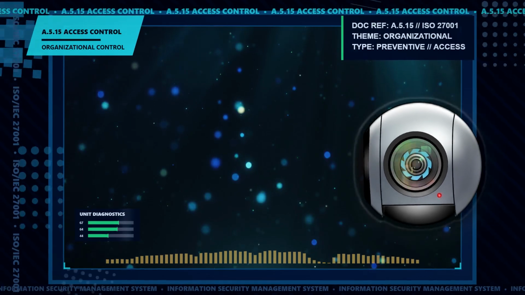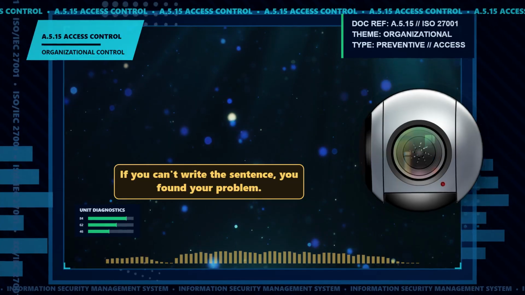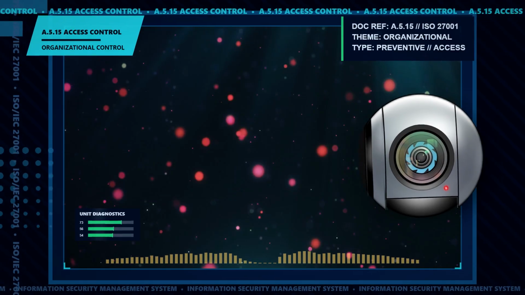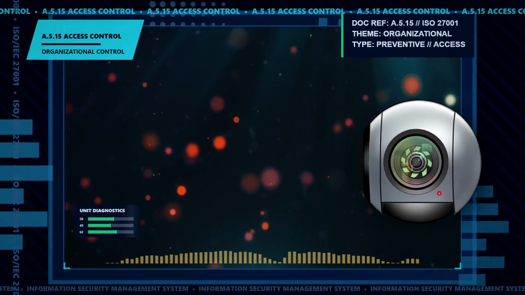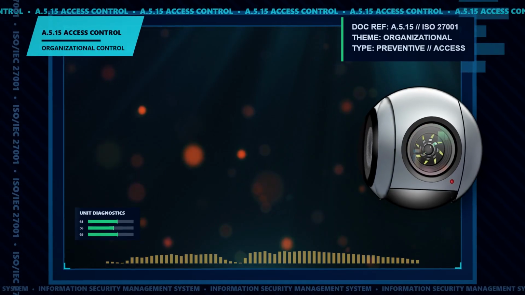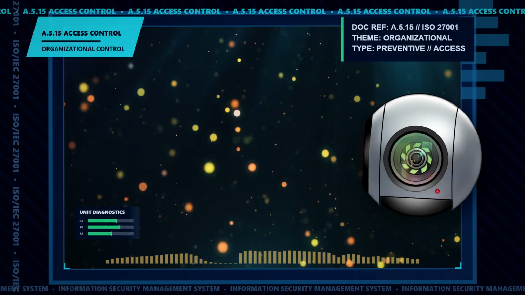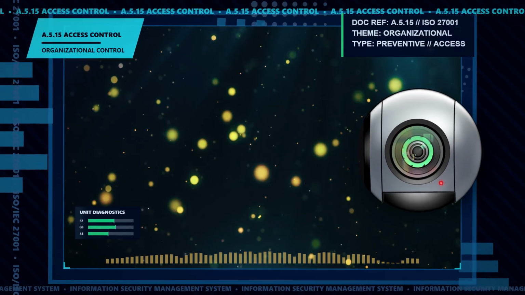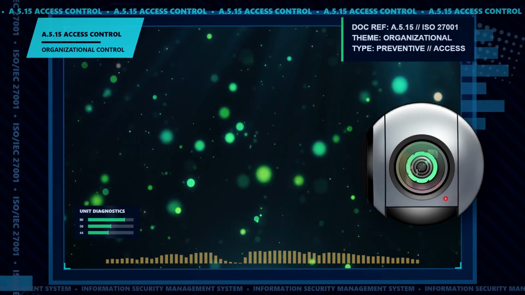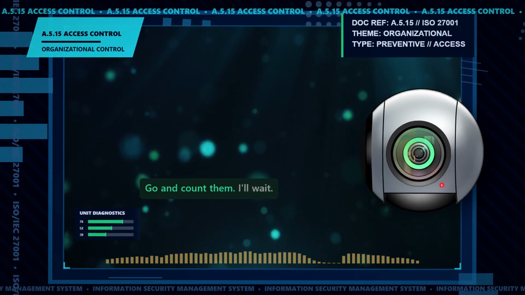If you can't write the sentence, you've found your problem. If the list is longer than you guessed, you've found your problem. And if there's a name on there and you have to ask someone who that even is, then you already know what Annex A Control 5.15 is for, and you've known since the moment you started the exercise. Go and count them. I'll wait.